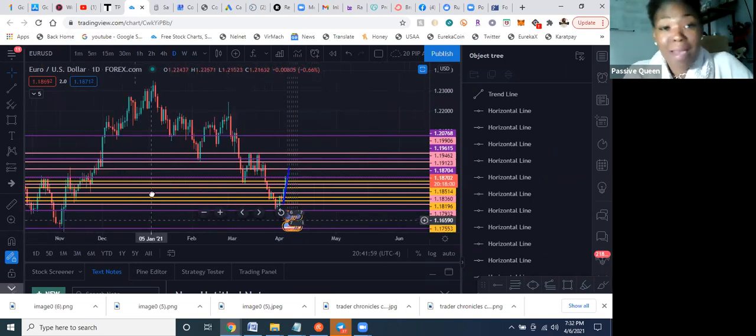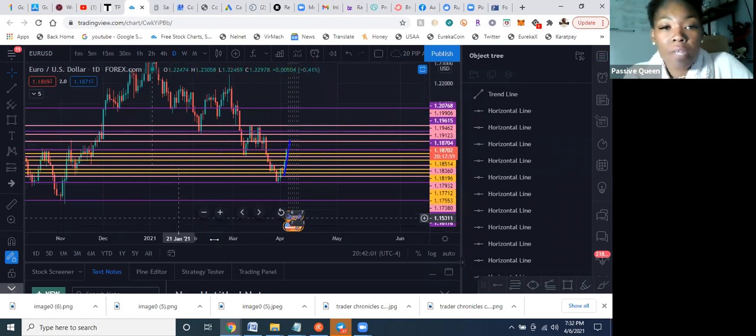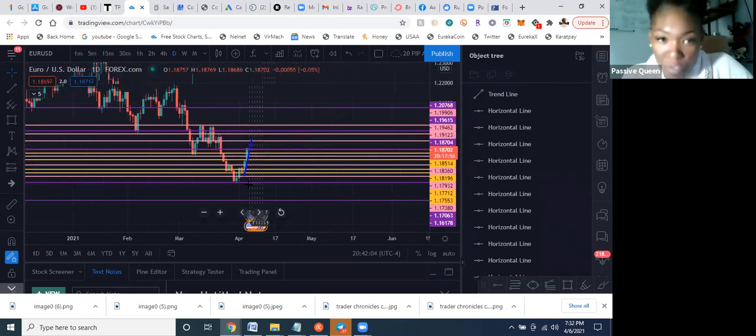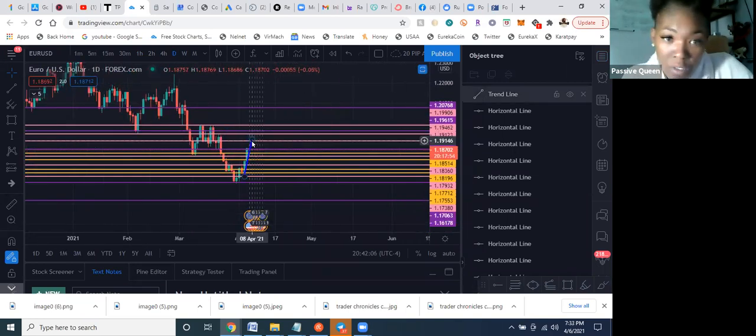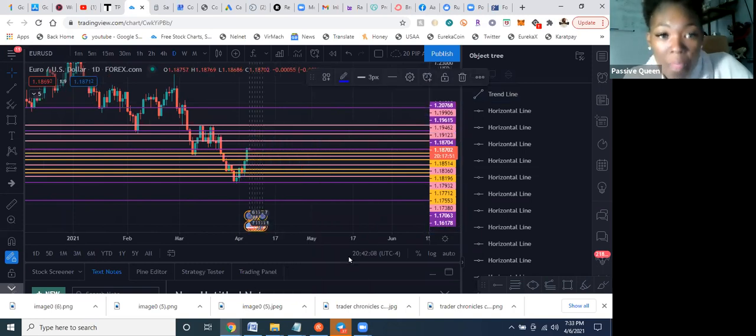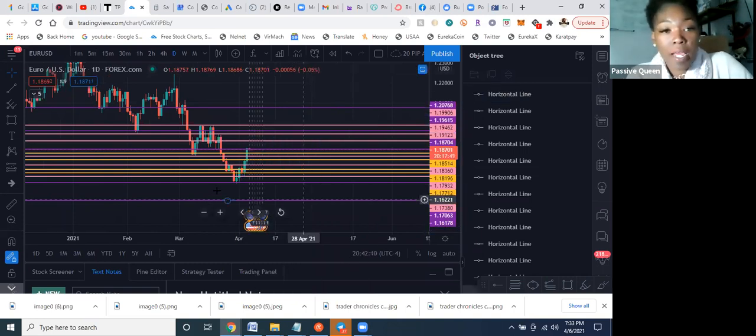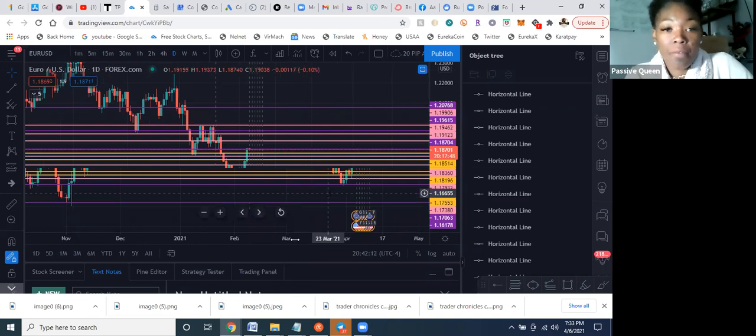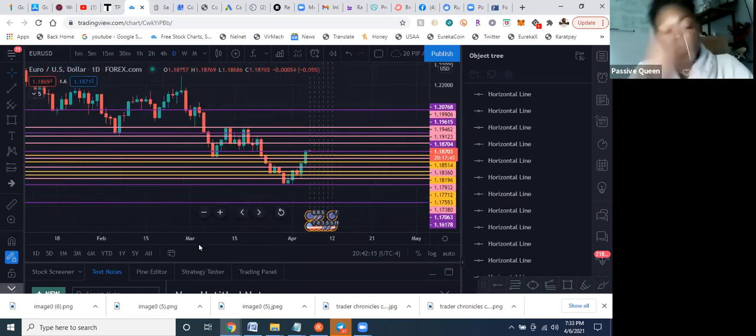All right, so guys, look at this. On a daily, technically, right now, she on a downtrend. Hold on. Let me remove that. I'm not deleting the lines, but I'm gonna open it up wide enough. Okay.